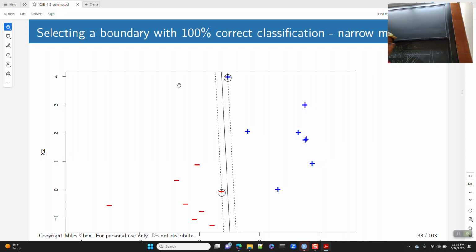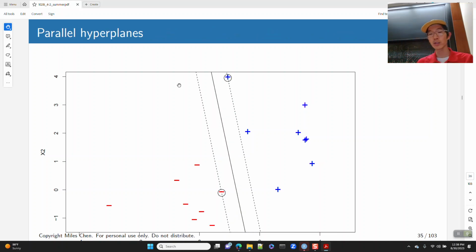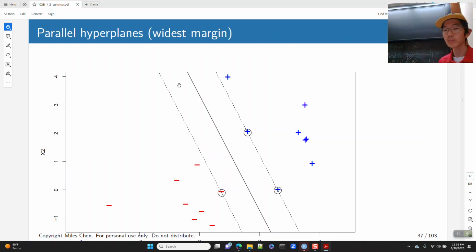So if I just pick a different angle, we can see, okay, here we get a pretty wide margin, just by angling the border between here and here. We can say this perpendicular distance is pretty large.